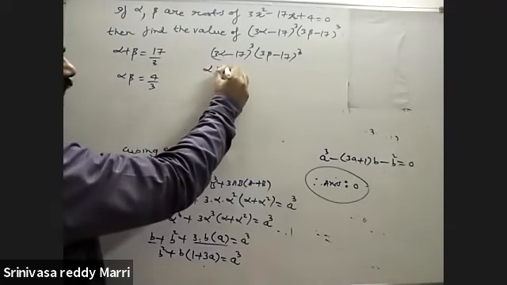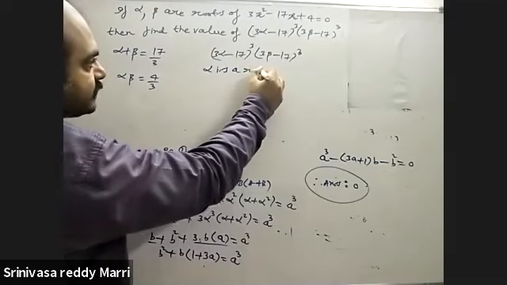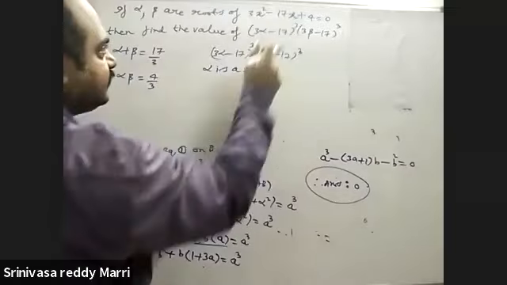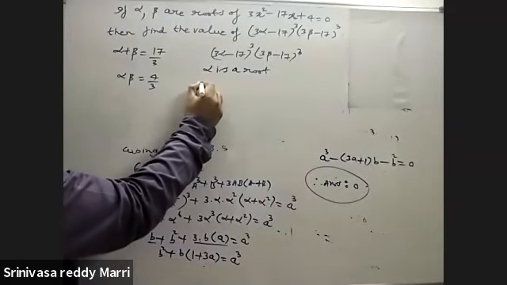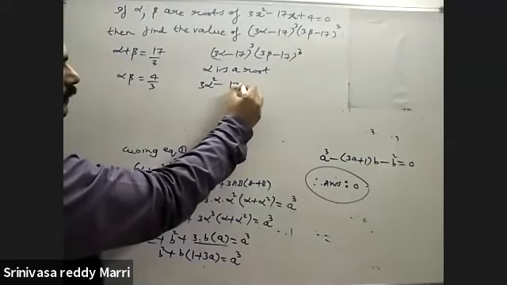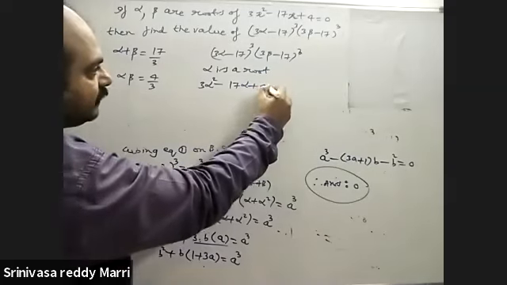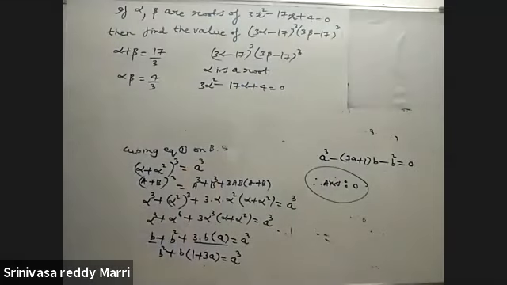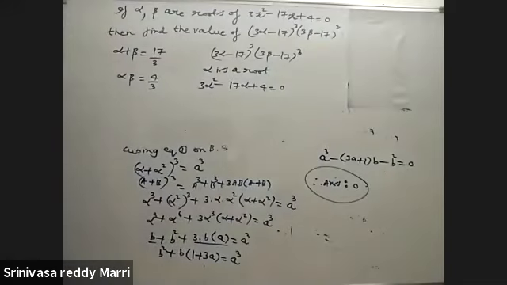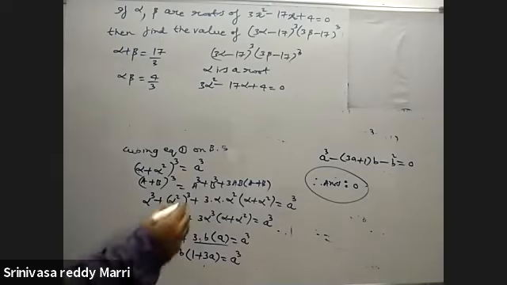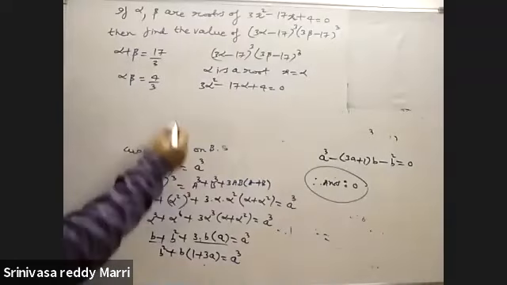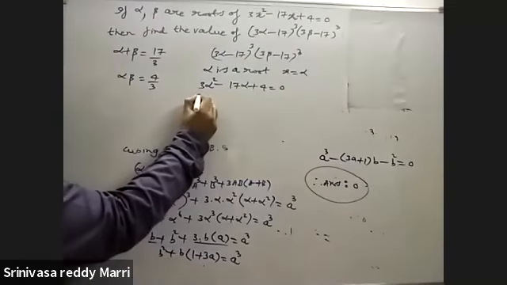Alpha is a root given. Look at, these problems can be simply done like this easily. Alpha is a root for this equation. That means if you substitute x equal to alpha, it must satisfy 3 alpha square minus 17 alpha plus 4 equal to 0. As alpha is the root given, what is the definition of root? If we substitute x equal to alpha, it must satisfy that equation. Now from this, you can easily find out what this one is in a simple manner.